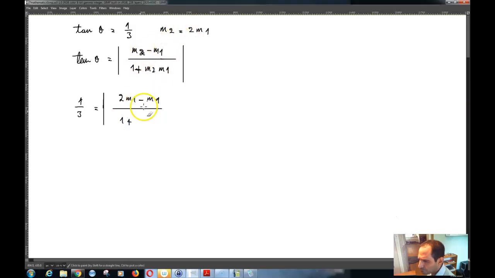So m2 is equal to 2 times m1. And so 1/3 is equal to the absolute value of 2m1 minus m1, which is equal to m1.